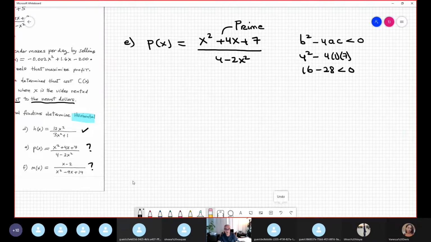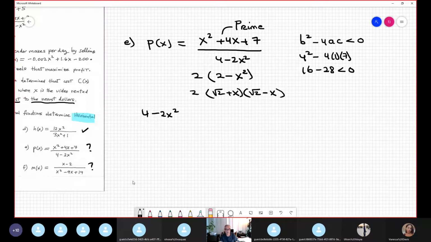First of all, the common factor is 2. We have 2 minus x squared, and this is the difference of squares. The factorization is square root of 2 minus x times square root of 2 plus x. Another way to see that, you copy the denominator expression, force it to be equal to 0, and try to solve this equation.